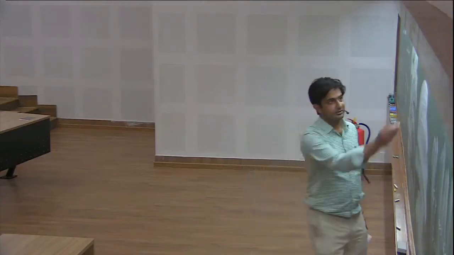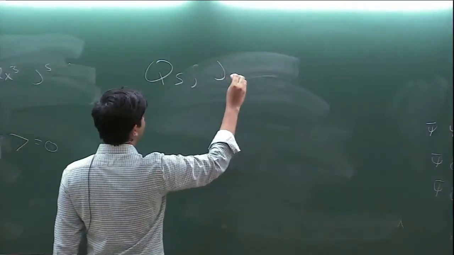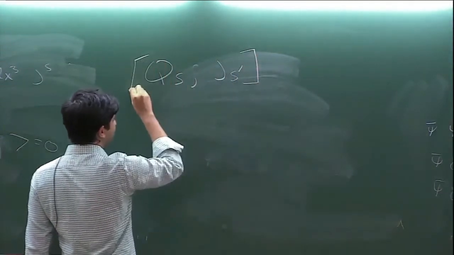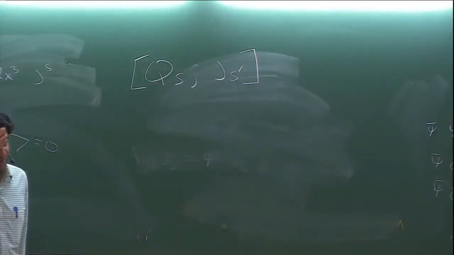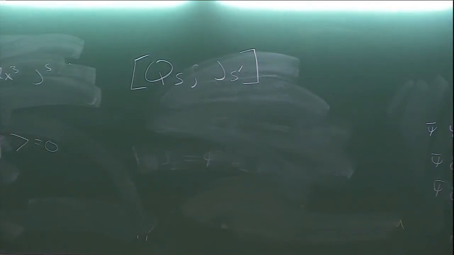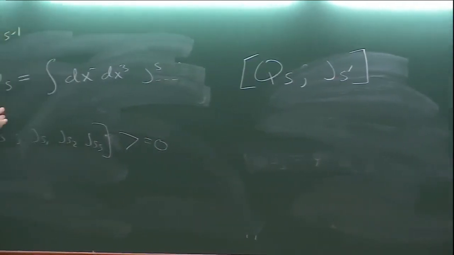So we have this set of charges, and okay, the first question we can ask is, how do these charges act on these currents? To do that, we first look at the dimension and spin of this charge. This minus will cancel out one of these other minuses, so this has spin s minus 1.